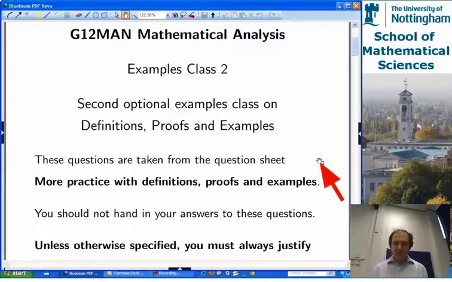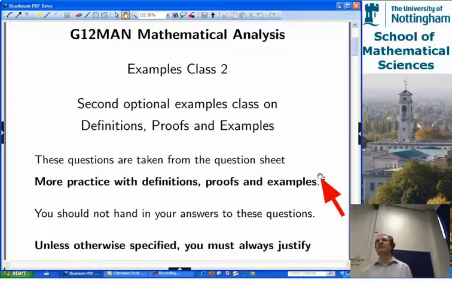You don't have to hand these in, they're just for practice. The idea is that they'll reinforce how to work with definitions, how to prove things, hopefully relatively routine proofs, a few ideas maybe, and of course, how do you work with examples or think up examples of your own if you're asked for them. So we're just going to do lots of that.